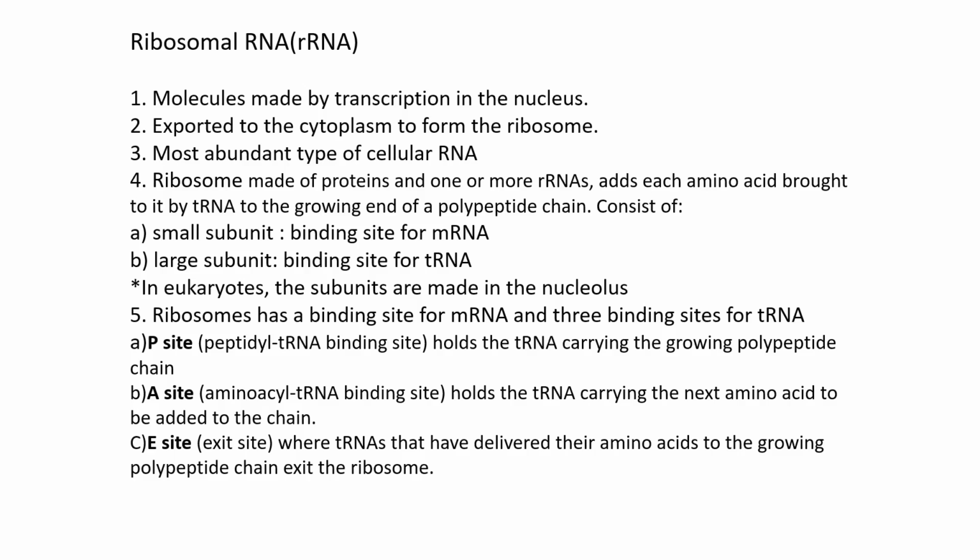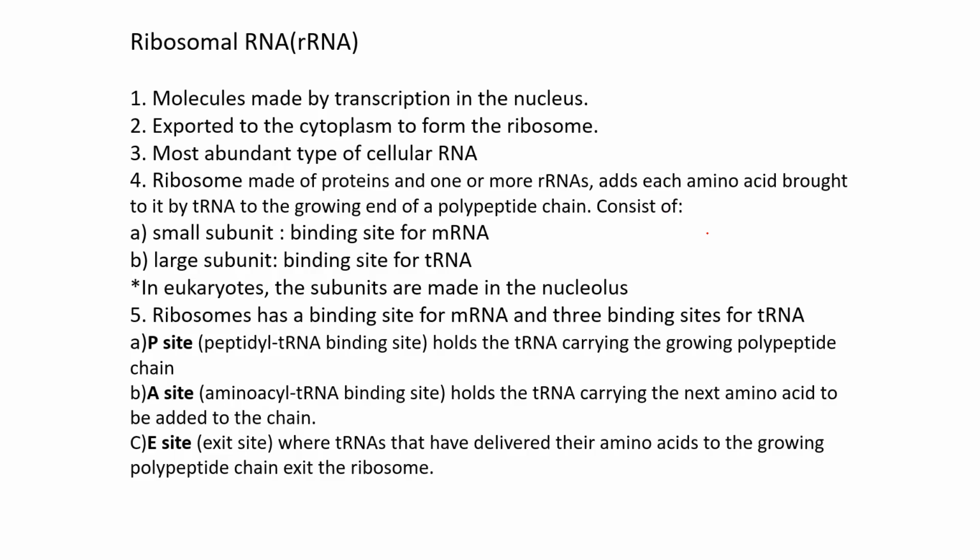Like what you have learned in SEM 1. One ribosome consists of proteins that make up the large and small subunits, and it also consists of one or more rRNA. It adds each amino acid brought to it by tRNA to the growing end of a polypeptide chain.